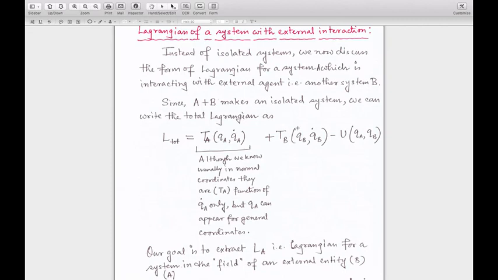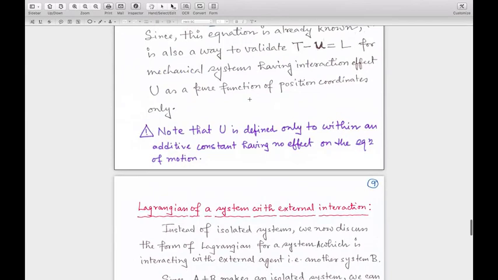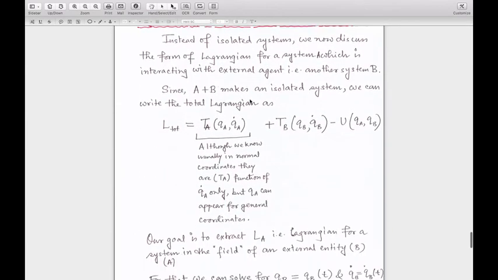Using the previous section's discussion, the Lagrangian of a system of particles with mutual interactions, we can simply write the total Lagrangian as Ta, the kinetic energy of system A, which is a function of Qa and Qa dot.